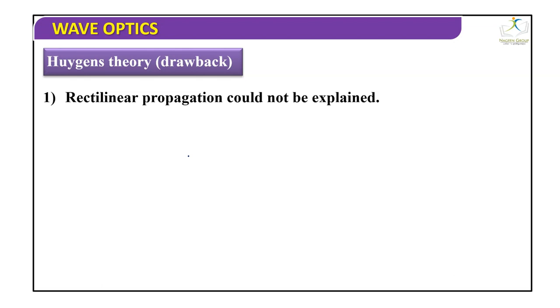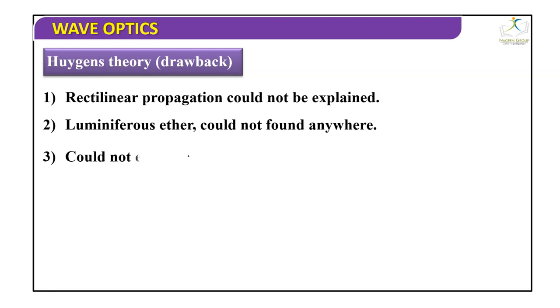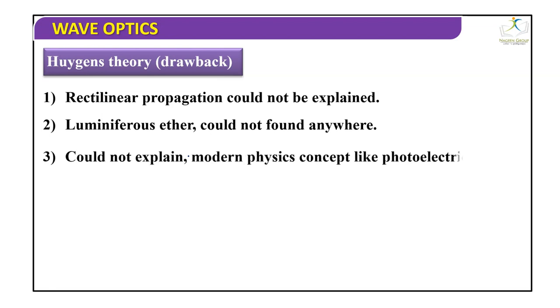The first drawback is that rectilinear propagation could not be explained. Luminiferous ether could not be found anywhere, because if scientists searched and the medium were present, some change would be observed in other experiments, but it was not actually observed.